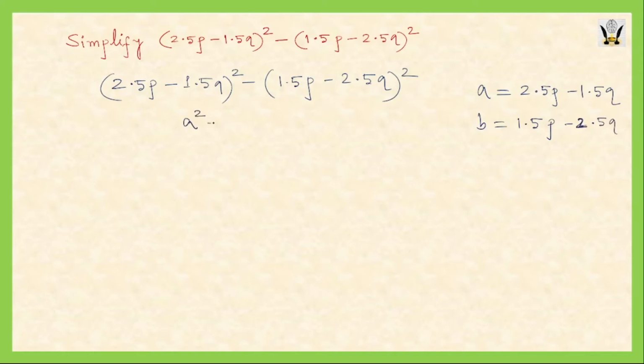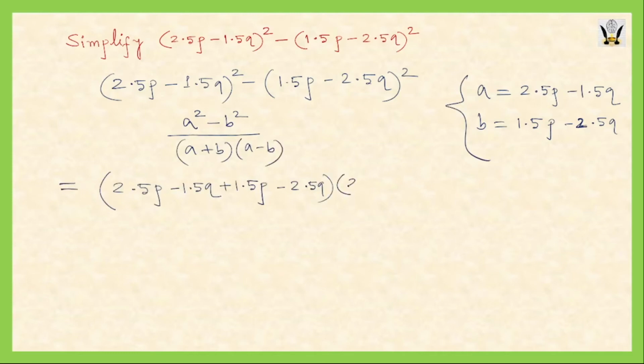So it looks like the identity a square minus b square, and as per this identity it will be a plus b multiplied by a minus b. Now if we replace our a and b by their original values, 2.5p minus 1.5q, fine, and then minus b.